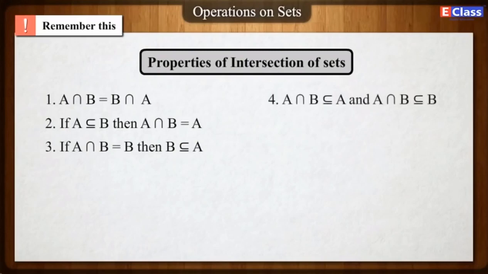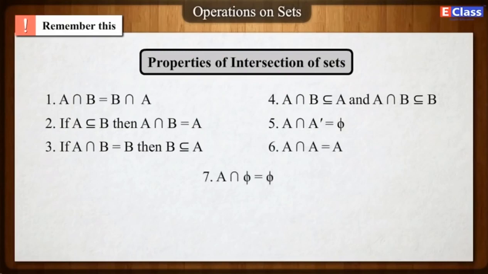A intersection B is a subset of A and A intersection B is a subset of B. 5. A intersection A complement is equal to phi. 6. A intersection A is equal to A. 7. A intersection phi is equal to phi.